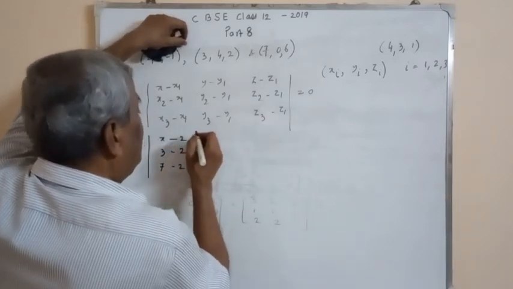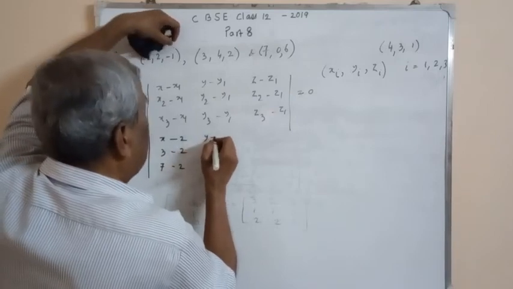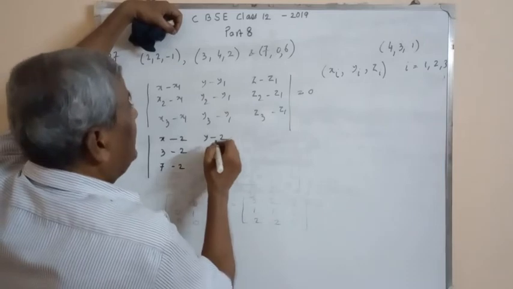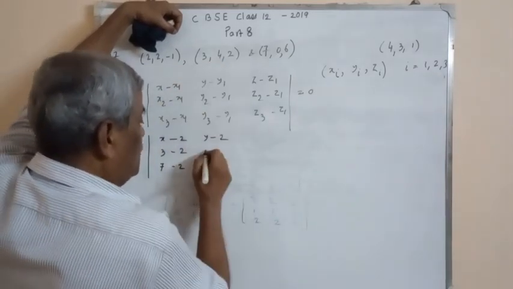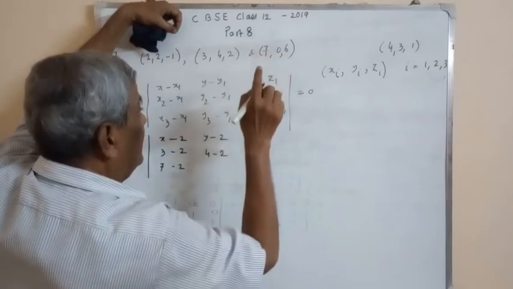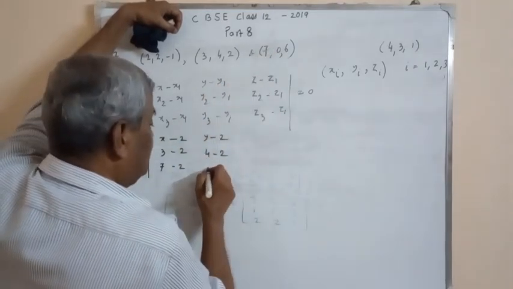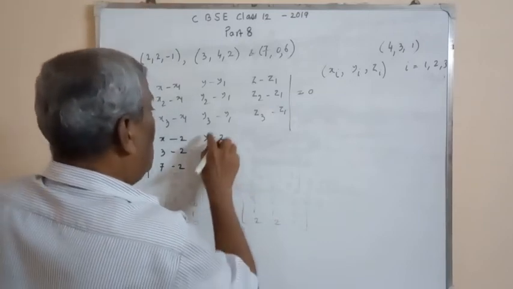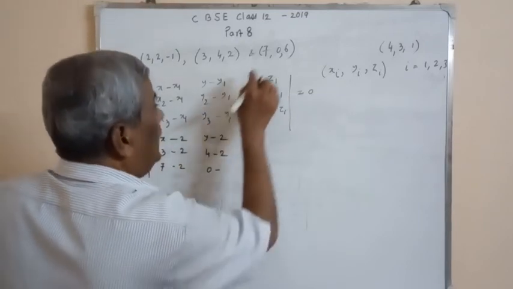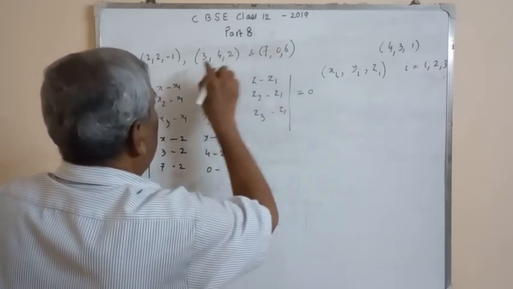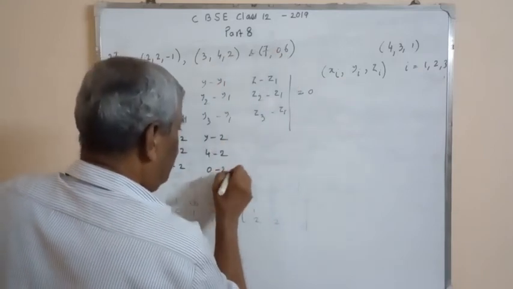For this column, y minus y1 is 2, then y2 is 4 minus 2, and it is 0 minus y1, y3 is 0 minus 2.